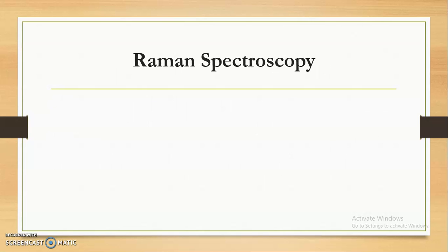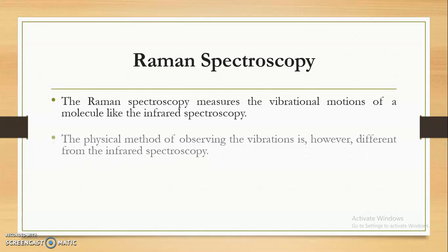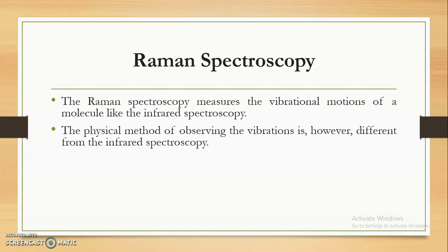Then the next important technique used in spectroscopy is Raman spectroscopy. Raman spectroscopy is also based upon the vibrational motion of atoms involved in the molecule, like infrared spectroscopy. But infrared spectroscopy and Raman spectroscopy are two different physical methods.